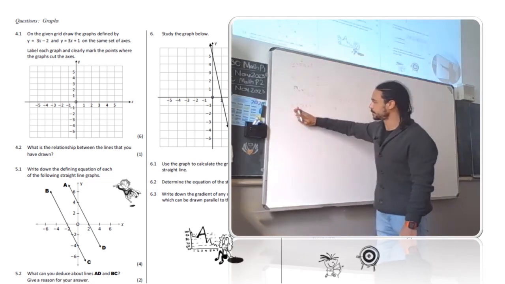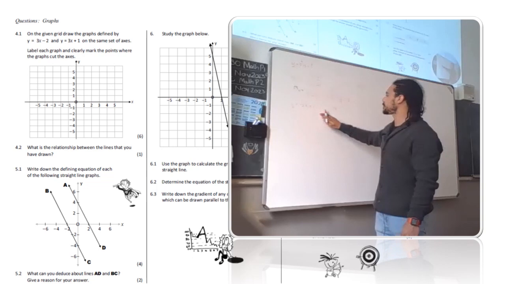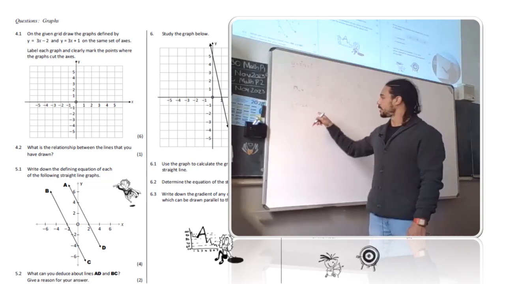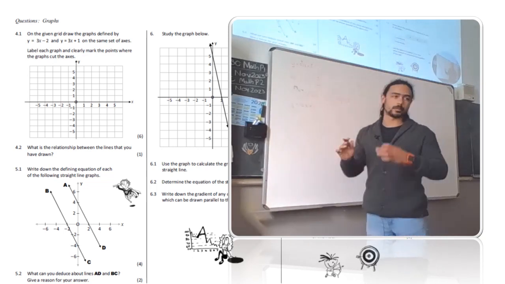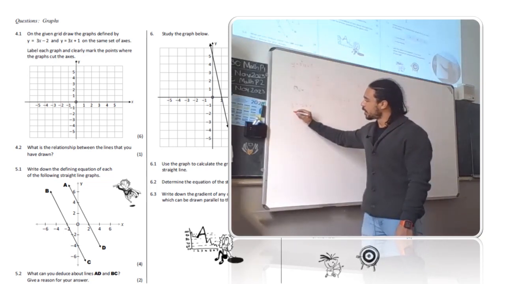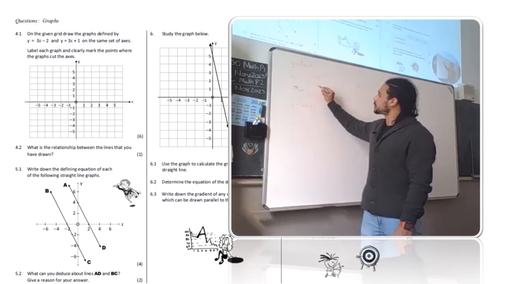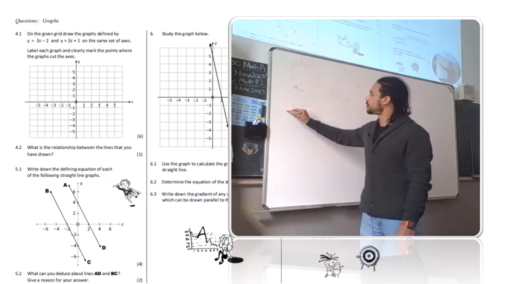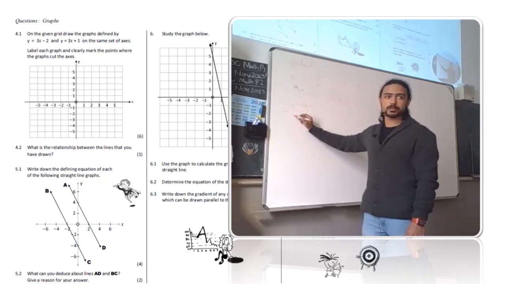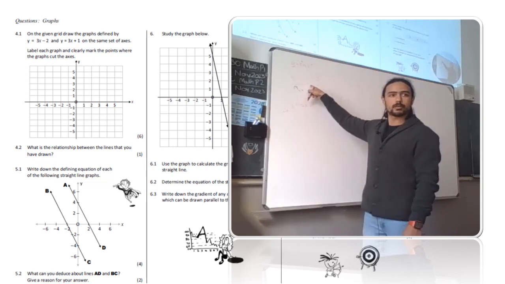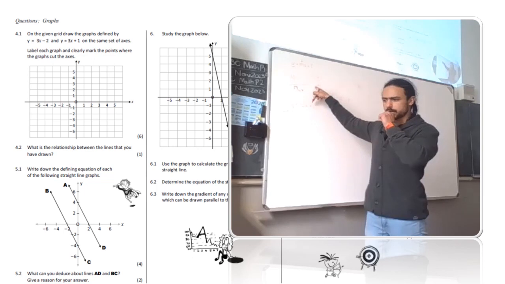Let's assume that I don't know that the c value is 4. I'm going to substitute the coordinate (0, 4) into this equation. In the place of x, I'm going to put 0, and in the place of y, I'm going to put 4. All right, let's do that quickly.